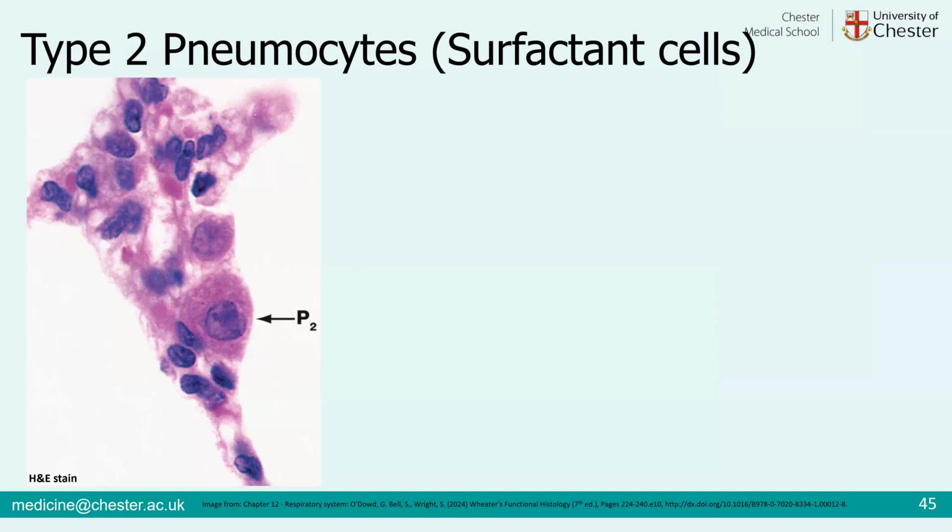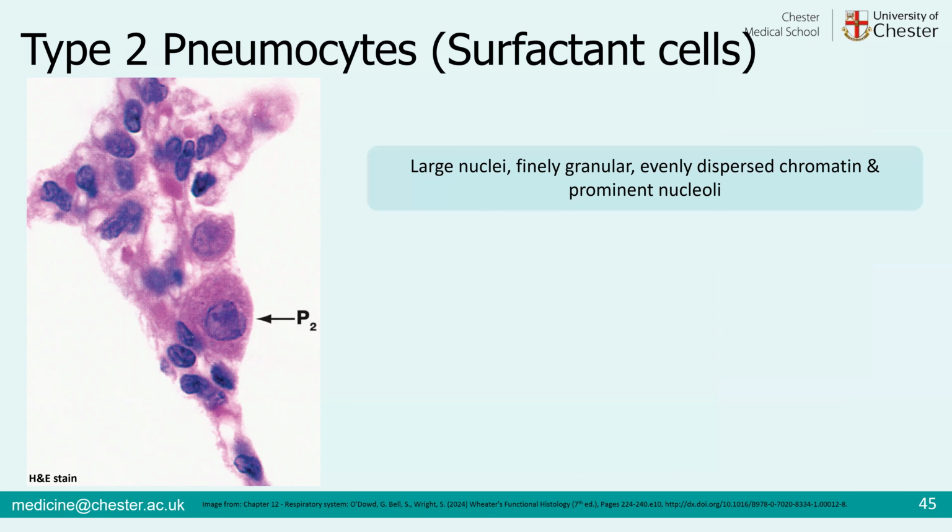This is one of our type 2 pneumocytes shown here. They have very large nuclei compared to the very thin, flattened nuclei of the type 1 pneumocytes. Within that nucleus, the chromatin content is very fine and granular and evenly dispersed. So it's not clumped together in any way or all located at the periphery.